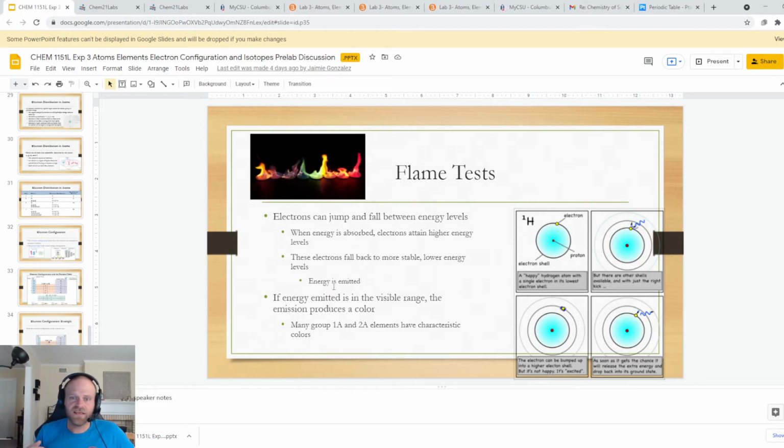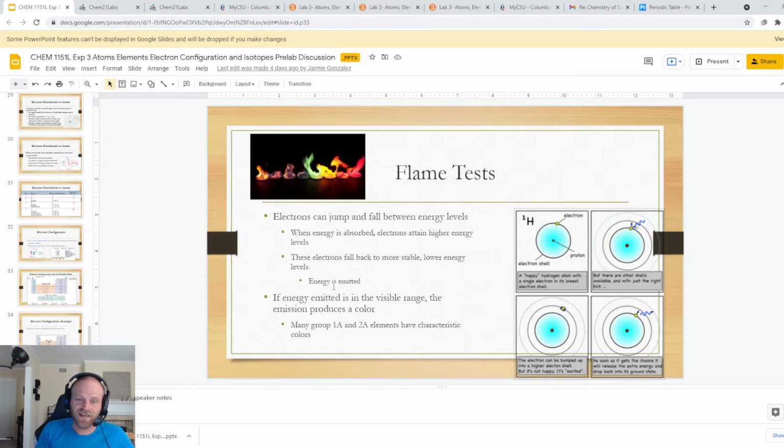For the flame test, electrons, when they absorb energy or emit energy, are actually moving between energy levels. So the color that comes off can indicate what kind of atom it was, because the energy that the electron moves with will dictate the color.